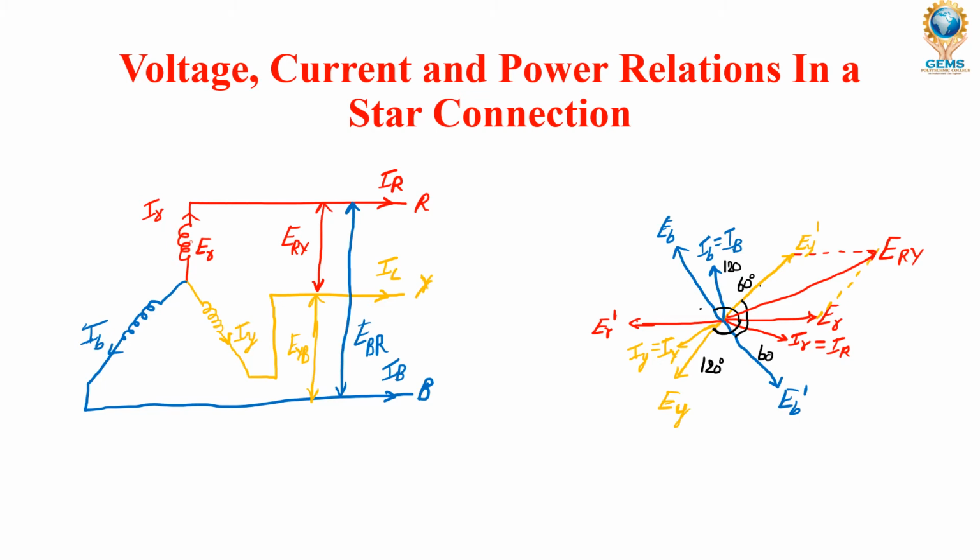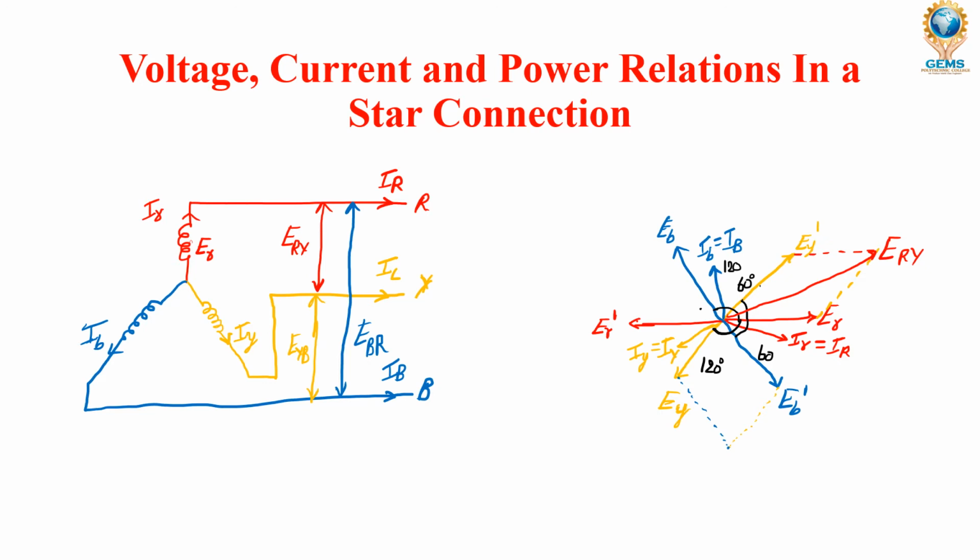Similar to this, if we extend these two, Y and B phases, here I am going to draw a similar line parallel to Y, and next parallel to B. Here we wrote R first because it is positive, and Y is the reflection, so I kept it second.